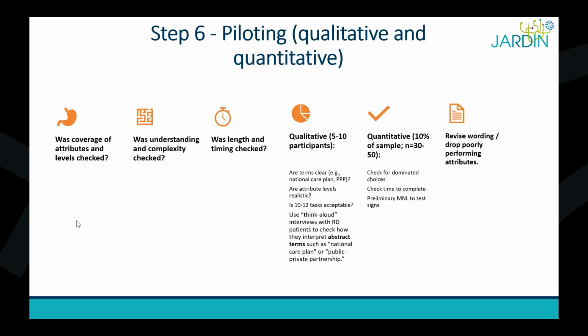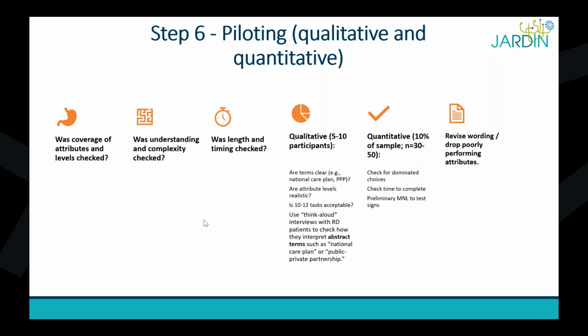And then once we have an improved version of the survey, we go to the quantitative piloting. Usually we do 5 to 10% of the total sample. So if you have, let's say, 250, then we take 5% or 10% of that, and we send the survey to these participants. Once we get the data, we check a number of things at this stage.